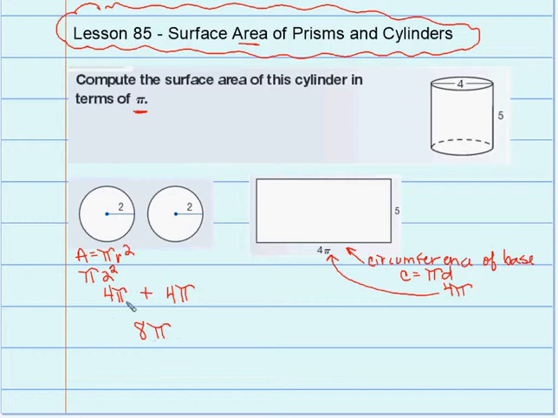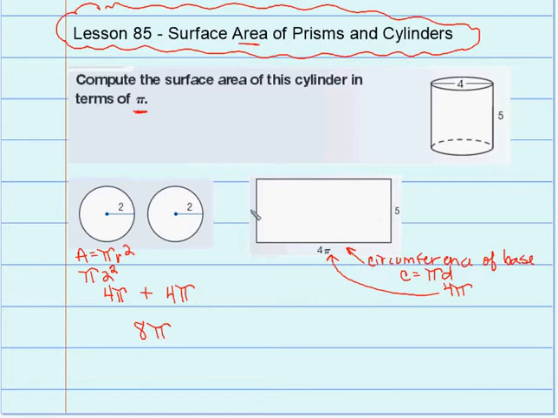It's as if pi were a variable, which it's not. Pi is actually a constant. It represents 3.1415 and on and on and on. But we can combine those coefficients and call it 8 pi. So the area of the two bases is 8 pi.